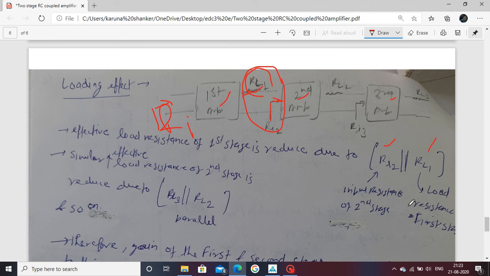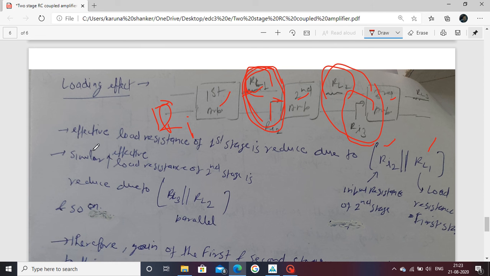If we take both in parallel combination, the overall resistance is reduced. Similarly, for the second stage, the load resistance of the second stage and the input resistance of the third stage are also in parallel combination, which also reduces the resistance.